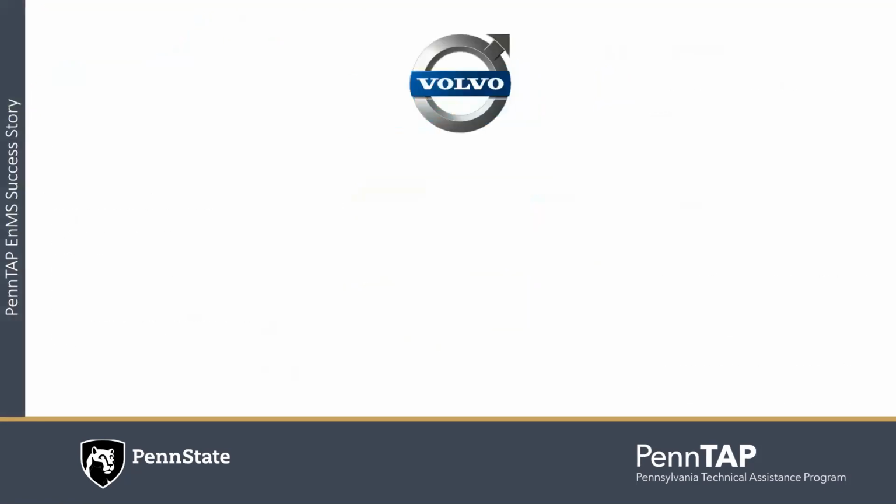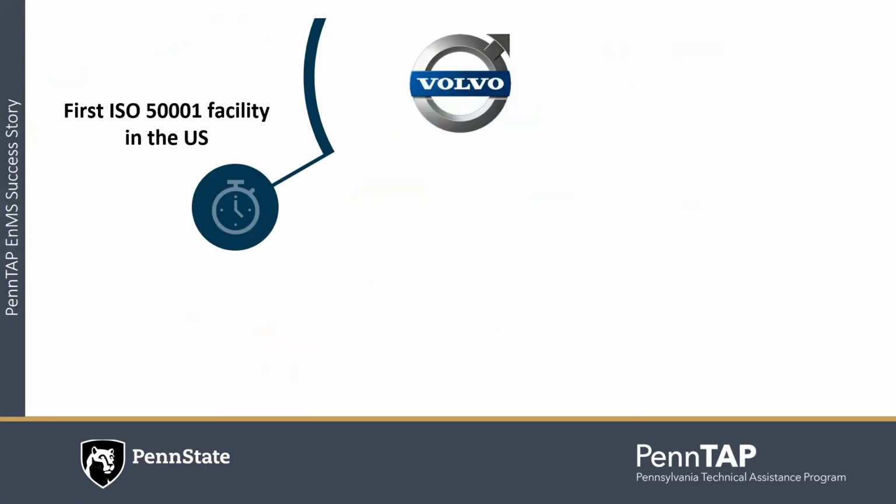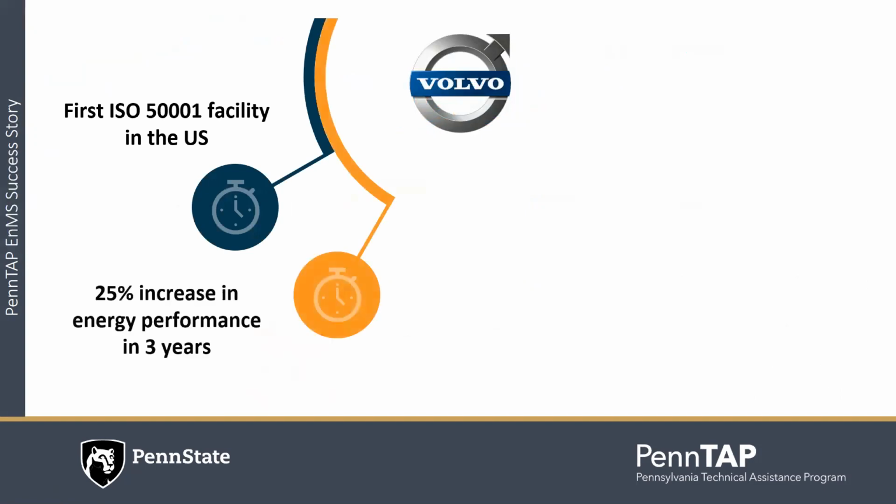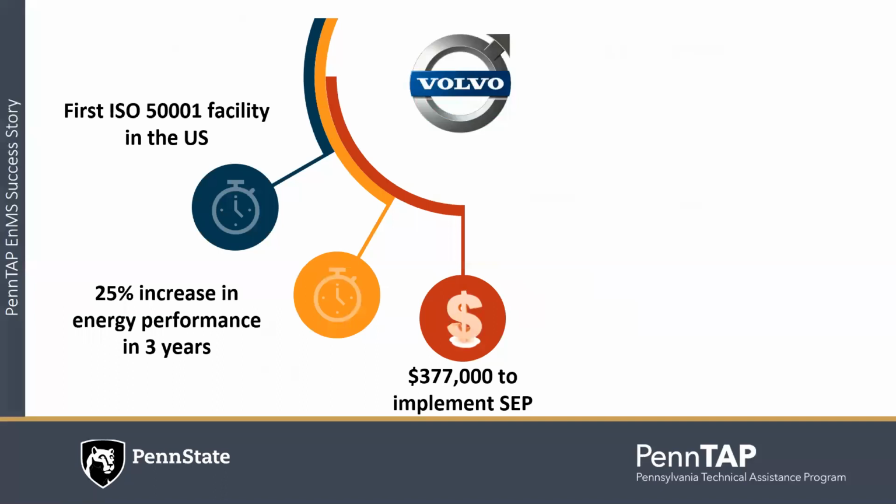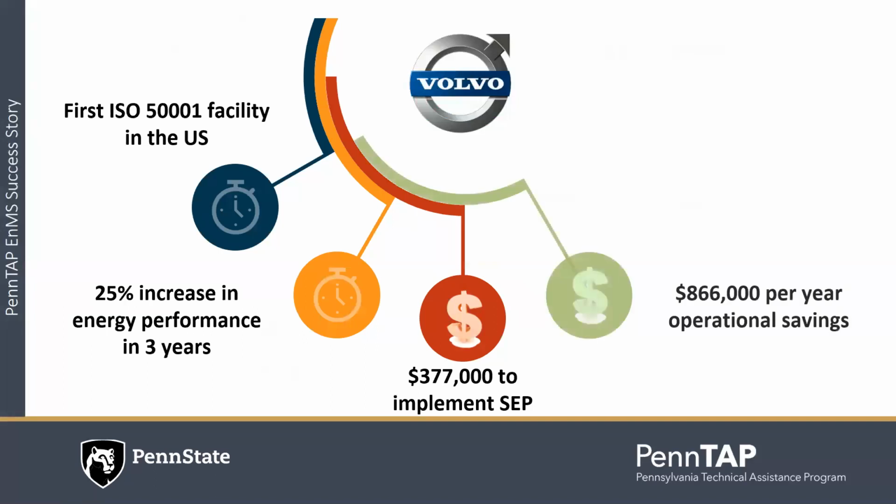So it's just a very brief success story. PennTAP helped Volvo, which was the first ISO 50001 facility in the United States. Over a 3-year period, they saw a 25% increase in energy performance. They spent $377,000 to implement SEP, but then they saved $866,000 per year.